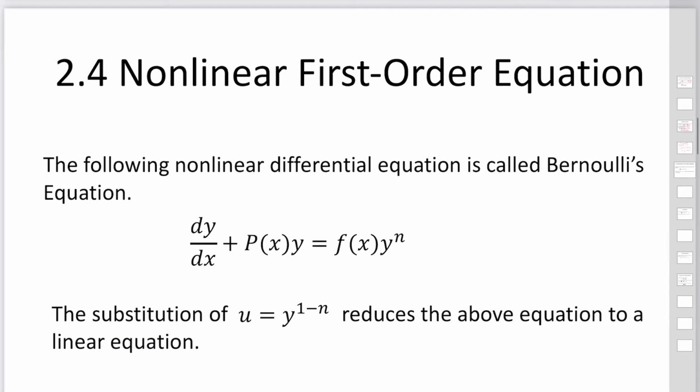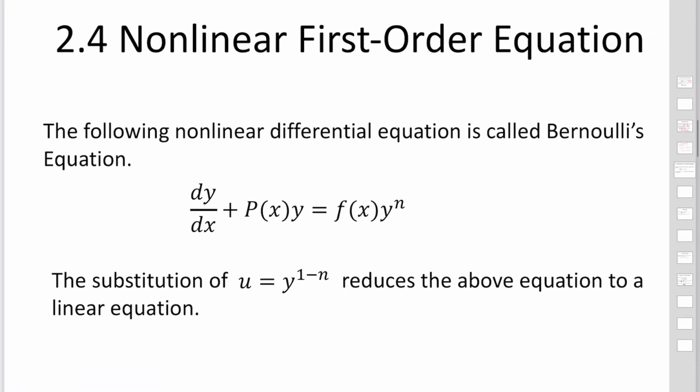The next section is nonlinear first-order differential equations. Sometimes it's quite difficult to solve nonlinear first-order differential equations, except in some special cases. This is one of the special cases.